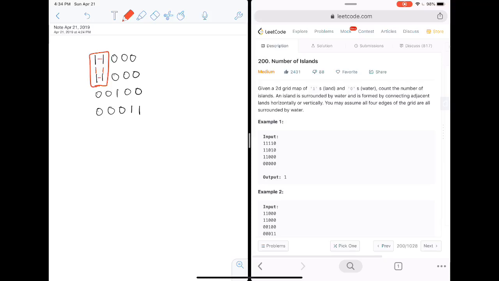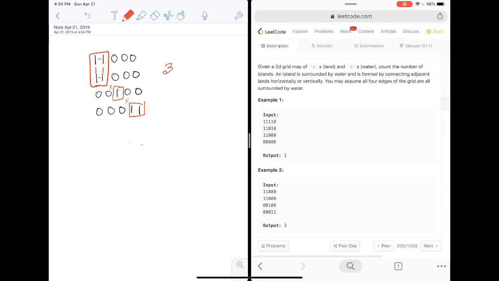These aren't connected because they did say that only horizontally or vertically adjacent tiles can be considered adjacent. So which basically means that this is an island of its own because there's no link here, and then this one is an island. So I'm guessing the output is 3. Yeah. Okay. So there are a couple of things that we need to keep track of here.